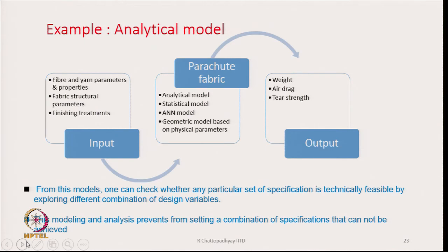So, another example, let us say, is parachute fabric. The input parameters which are design variables are, let us say, fiber and yarn parameters, fabric structural parameters, finishing treatments, and if the models are there, either analytical model or statistical model or artificial neural network based model or geometric model, whatever is there, you can make use of these models and find out for a certain combination what is the weight of the fabric, and then whether this weight is meeting the specified value or not.